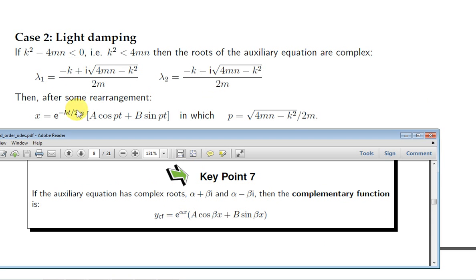Now it's x here in general, but the independent variable here is t. And then we have a times cos of beta times, well, not x but t in this case. Beta is the imaginary part of the complex. It's actually the magnitude of the imaginary part. So that's the coefficient of i, root 4mn minus k squared all over 2m. So that's what we put in for the coefficients of t. t is the independent variable here.